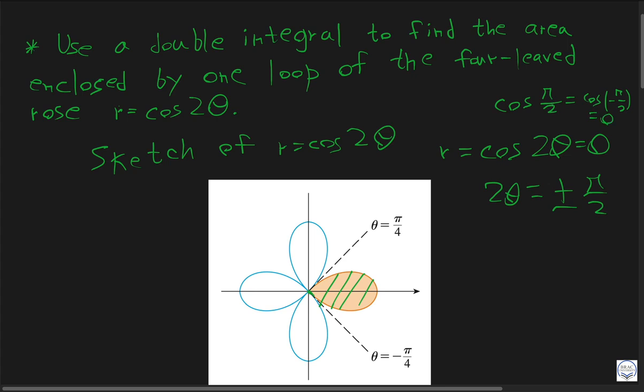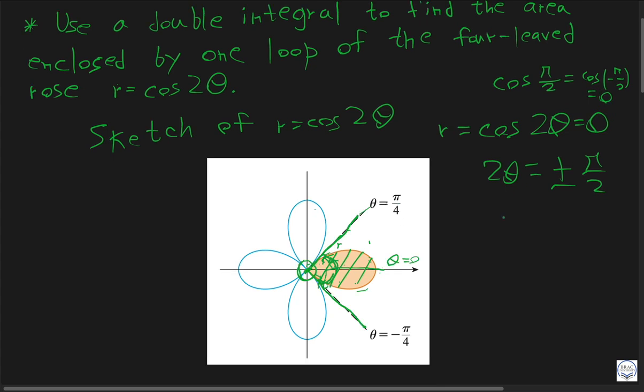Both of them are equal to 0. There are other values of theta as well for which we will get r equals 0. For instance, there's going to be another angle, this angle, which will give us 0, or this angle, but we're not really interested in them. We just want one leaf, and this one.